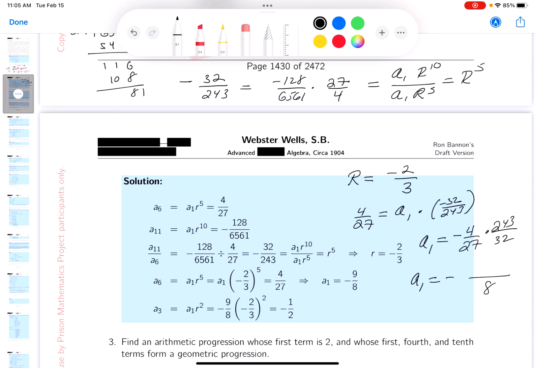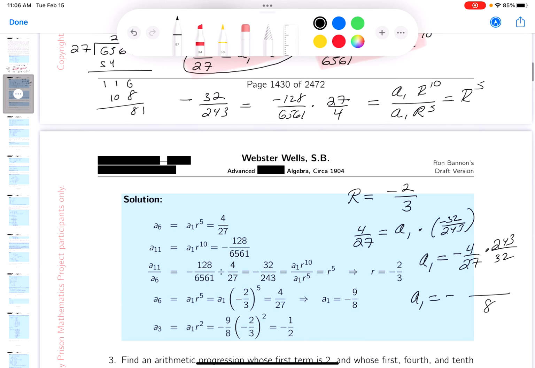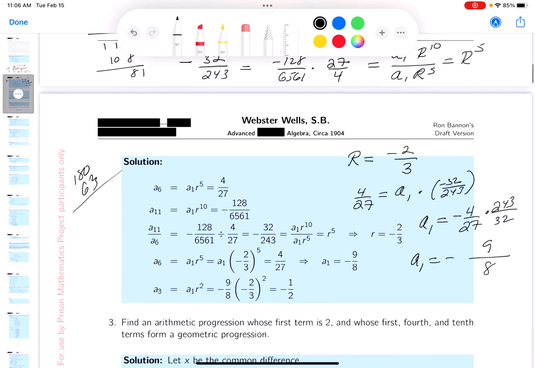Let me just see if I can do that. 27 into 243. Did I make a mistake somewhere? 9. Yeah, 9. What am I saying? Let's just see if that's true. 9 times 27 is 243. Yeah, I'm sorry, I had brain freeze there. Minus 9/8.